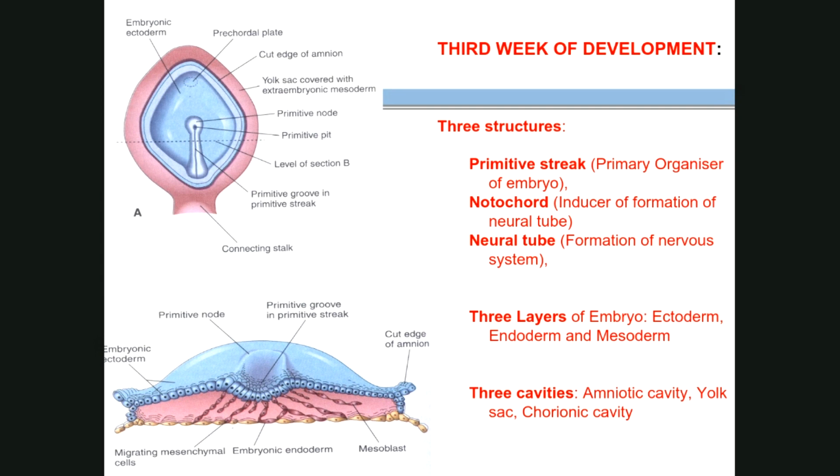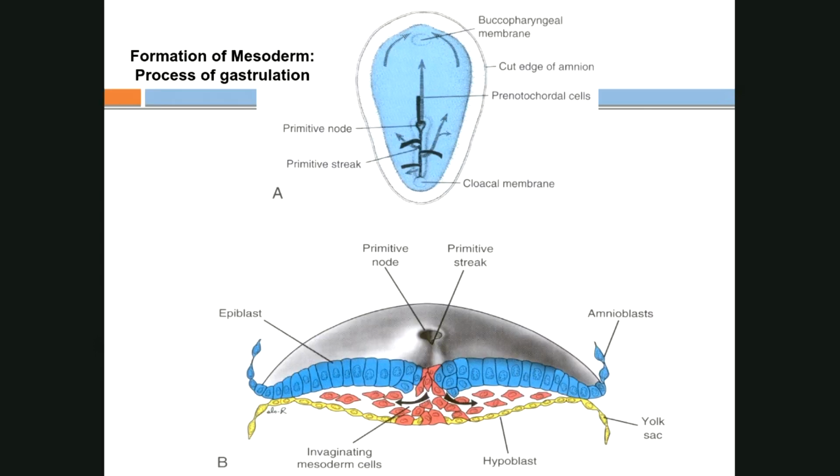So let's discuss the primitive streak in a little more detail and its relevant abnormality. As you can see, in the caudal part of the embryonic disc, which is seen from the top, there is a streak-like arrangement known as the primitive streak. This primitive streak is where the cells migrate from to form mesoderm.